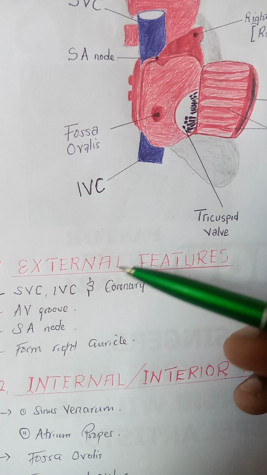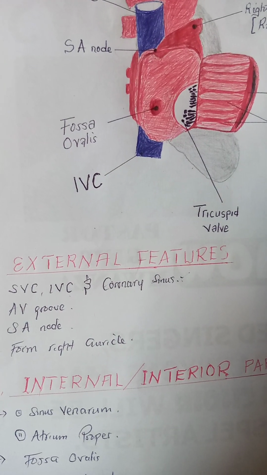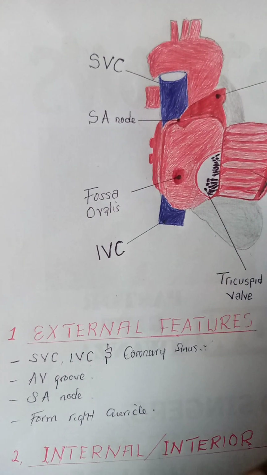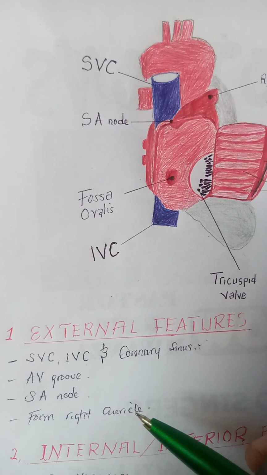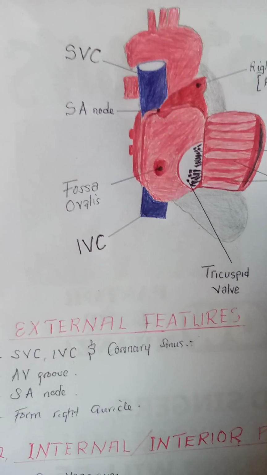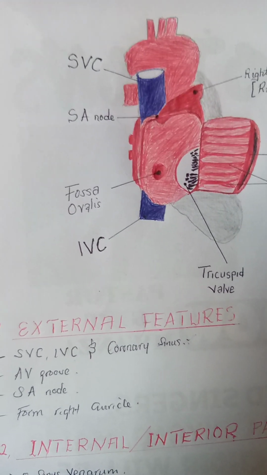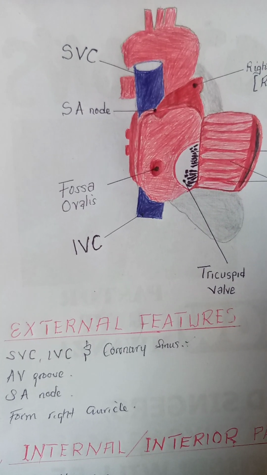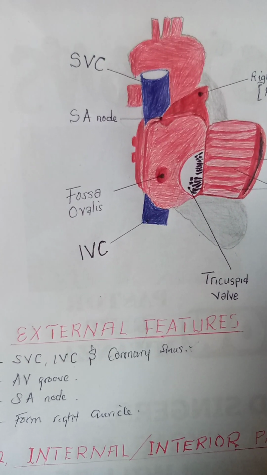They fall under the external features of the right atrium. The next thing you're going to appreciate here is the AV groove. Remember when we talked about the coronary circulation? If you didn't watch that video, I advise you to go watch it, because it is going to give you a good background on this.